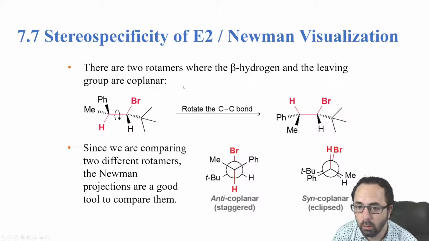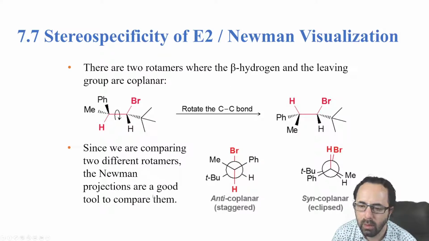So there are two rotamers where the beta hydrogen and the leaving group are coplanar. They're either in the position where here the hydrogen is directly opposite to the bromine, or if we rotate everything around by 180 degrees, put this hydrogen in the same plane, so we're rotating this straight up, then the methyl will be out here on the wedge, phenyl will be on the dash. And this is another situation where they're coplanar.